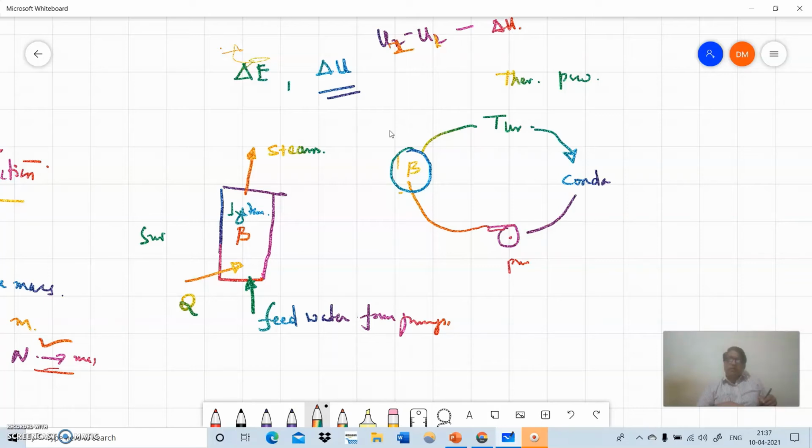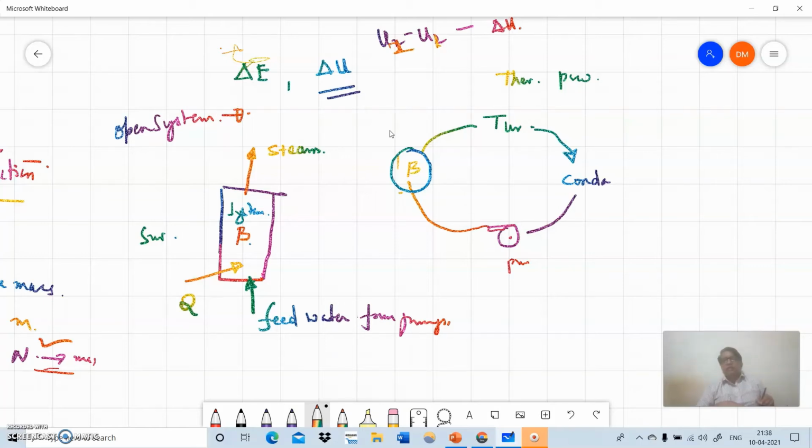This is how we get superheated steam, by adding heat to the system, right? If I take this particular system, this is the surrounding and this becomes the system. Is it a closed or open system? It becomes an open system since there is mass transfer, right? That's why it becomes an open system.